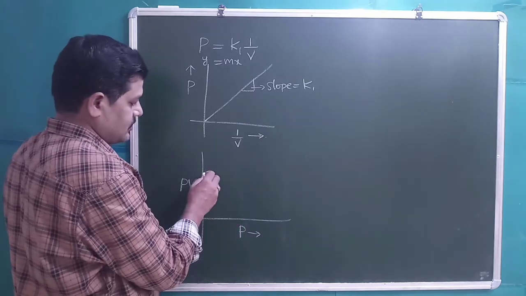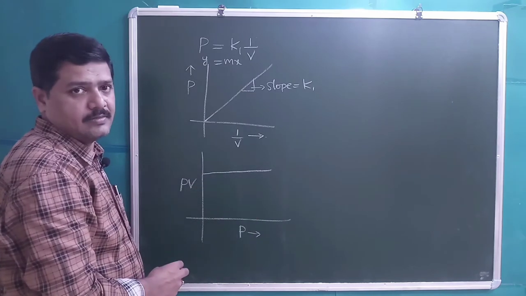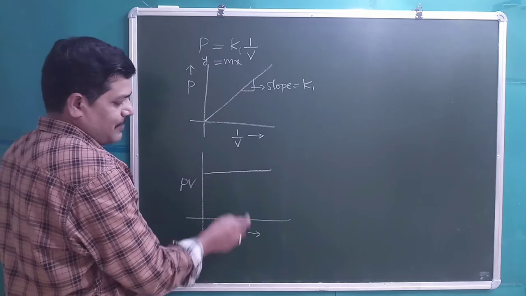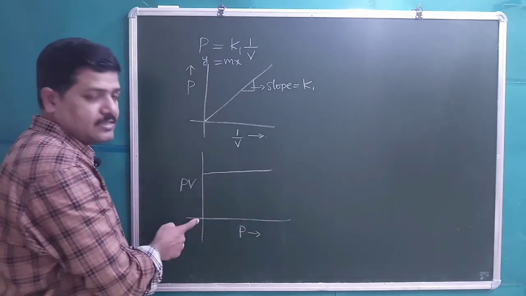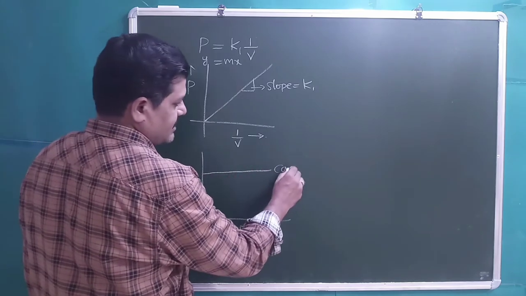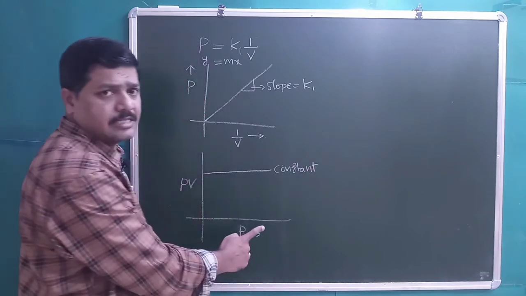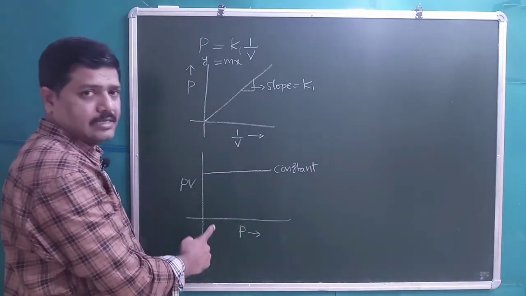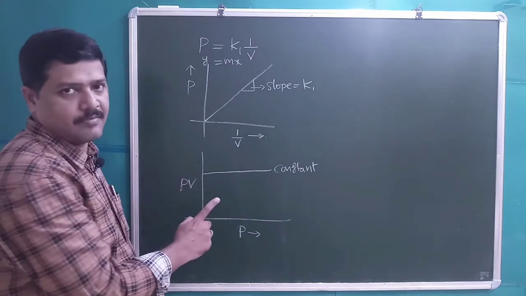So then PV will remain as a constant. Right? So, any line parallel to the x-axis indicates y is equal to constant. What is the y coordinate here? PV is a constant. As the pressure increases, proportionately volume decreases, but always the PV, the product of pressure and volume, will remain as a constant.